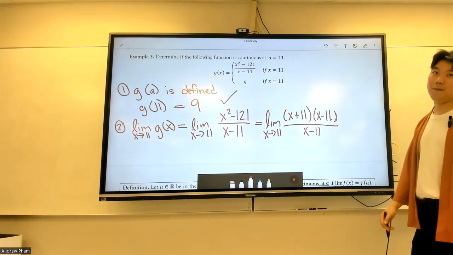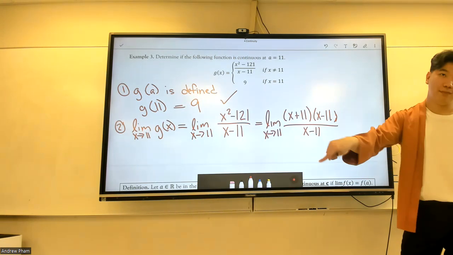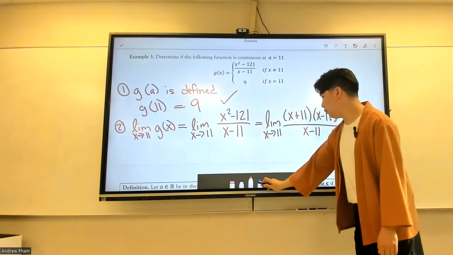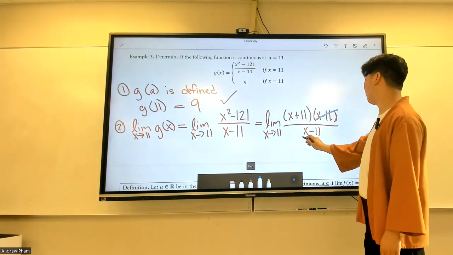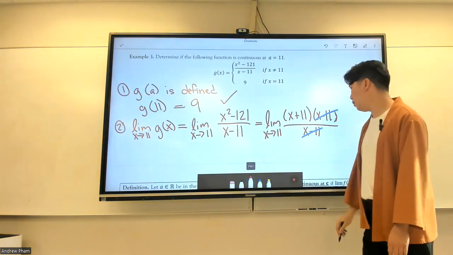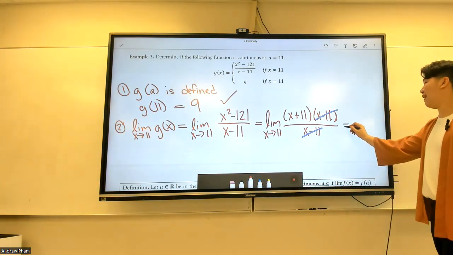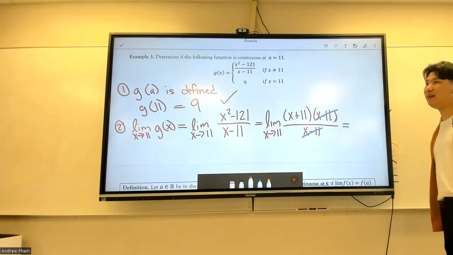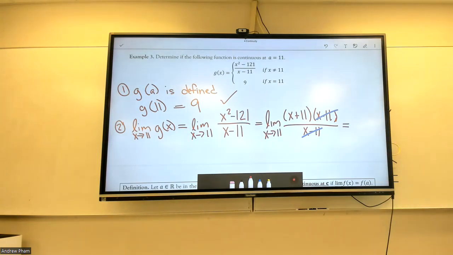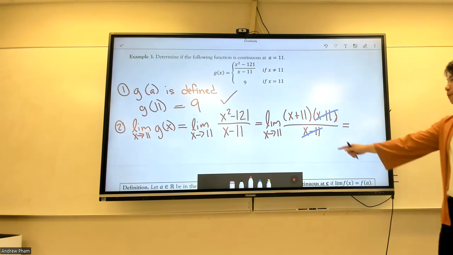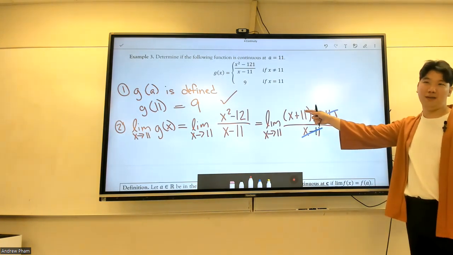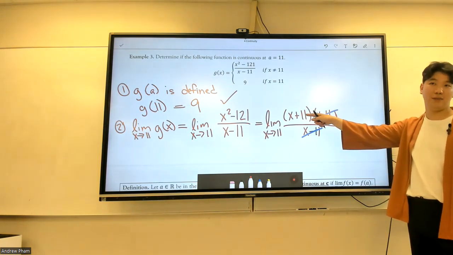All right, so that's great. We have x minus 11 on the bottom, and on the top, we get some cancellation. Someone tell me what the final answer for this part is, the limit of this expression. Yeah, we get x plus 11, the limit of x plus 11. What can I do from there?